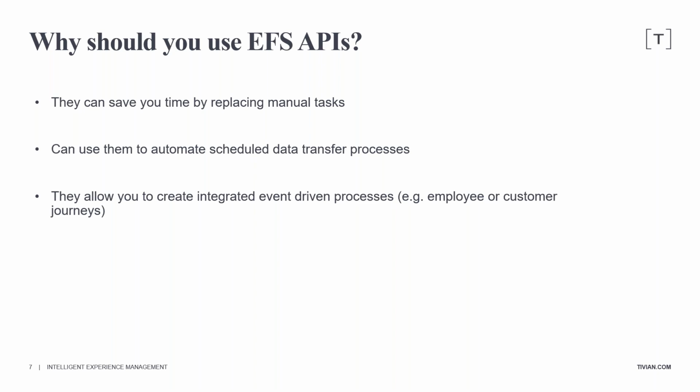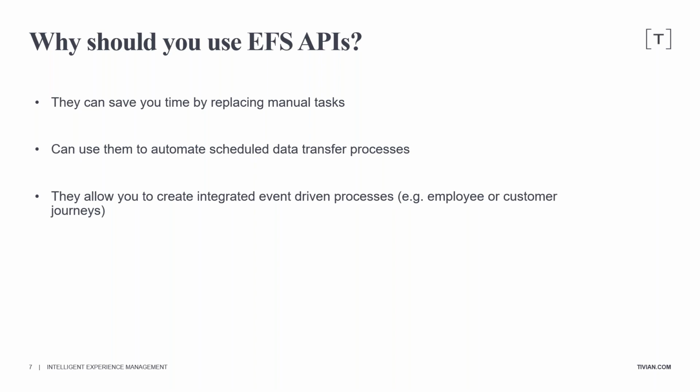So on a particular day, you're going to go in and send something out. However, sometimes you might have an event-driven process, such as, in a customer world, a purchase, and off the back of the purchase you want to then add that person into a survey, and the APIs can help you do that.